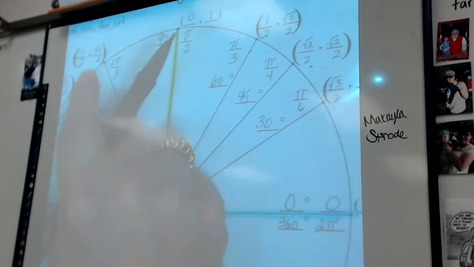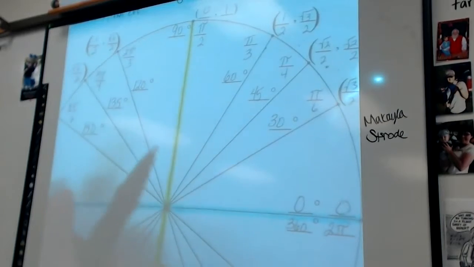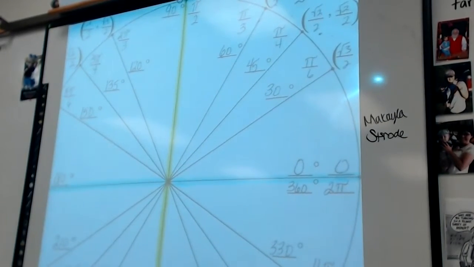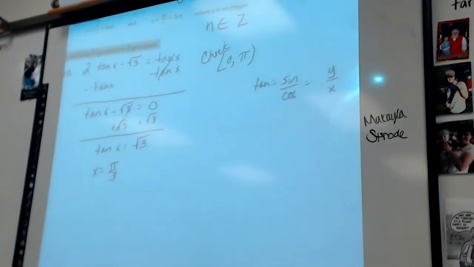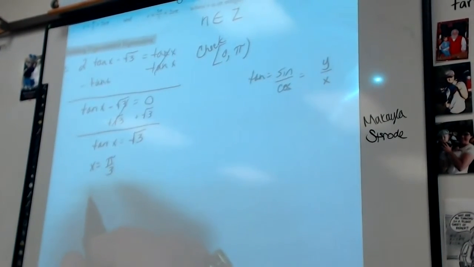Now, if we go on around, here we have negative 1/2 and square root of 3 over 2. But if you divide that, would you get positive square root of 3? No, you would get negative. So we're only concerned about the positive. So from 0 to pi, that's it. So that means that our answer is pi over 3.